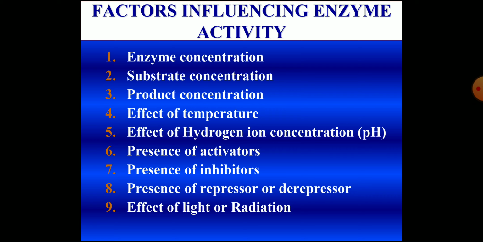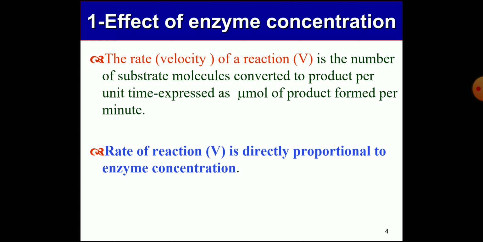These are the various factors which influence the enzyme activity or enzyme velocity. So out of which enzyme concentration, substrate concentration, product concentration, effective temperature, hydrogen ion concentration or pH, and inhibitors are the important ones. Now we'll pass on to the effect of enzyme concentration.